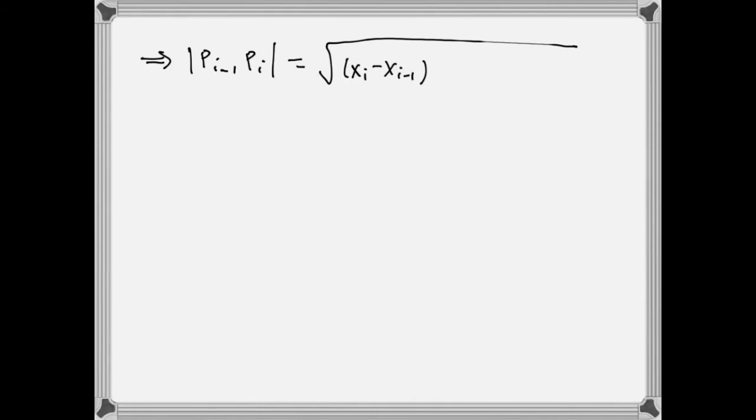This implies that the distance from P_{i-1} to P_i is actually equal to the square root of x_i minus x_{i-1} squared plus f prime of x_i star squared times x_i minus x_{i-1} squared.